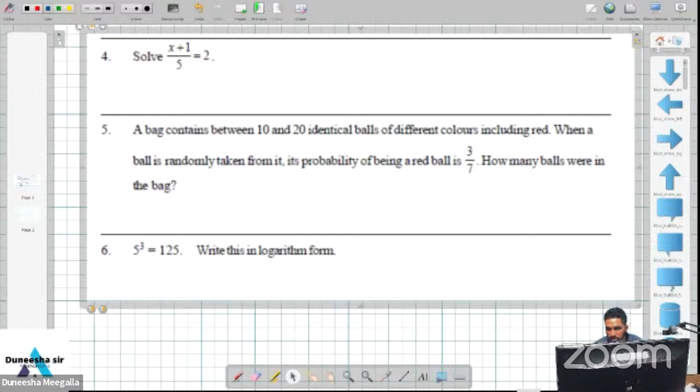Yes, Inuri's answer is correct. Satish's answer is correct. Dilmi's answer is correct.